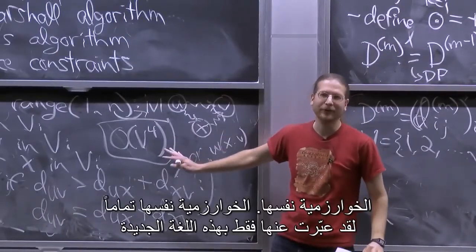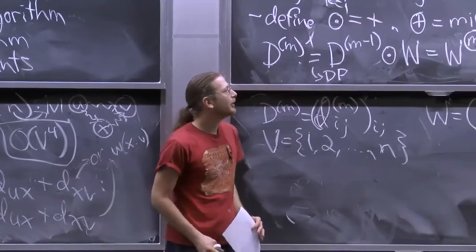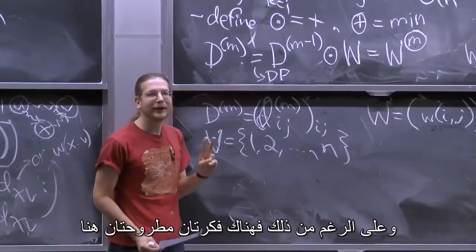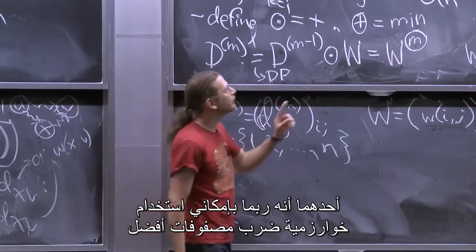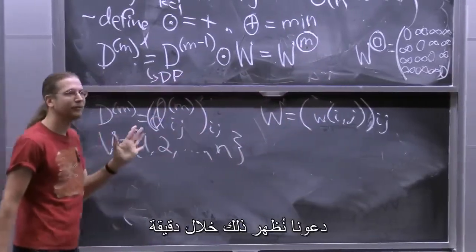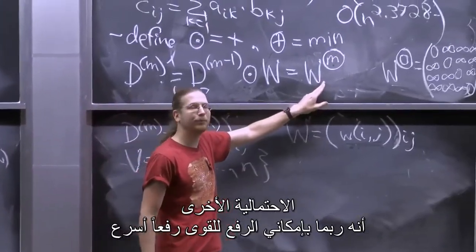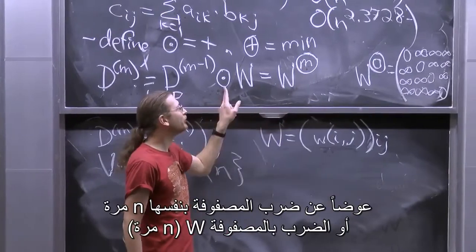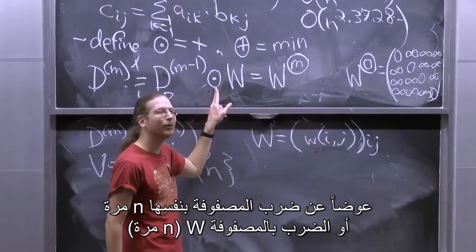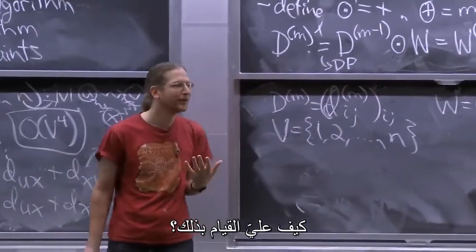Same algorithm, in fact, exactly the same algorithm. I've just expressed it in this new language. There are two ideas on the table, though. One is maybe I could use a better matrix multiplication algorithm. Let's shelve that for a moment. The other possibility is, maybe I can exponentiate faster than multiplying by W n times. How should I do it?